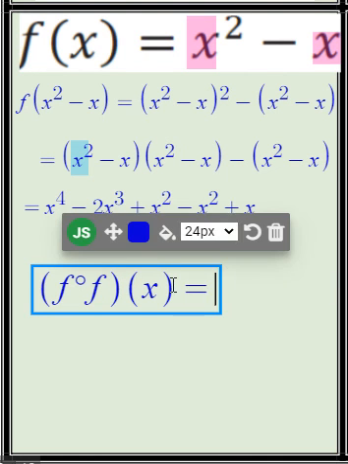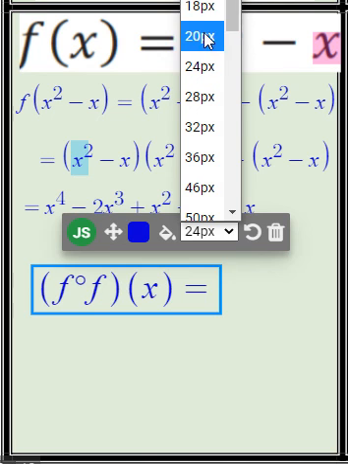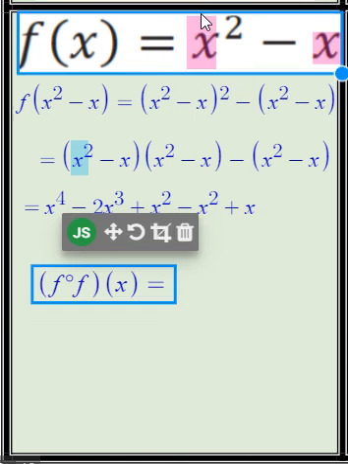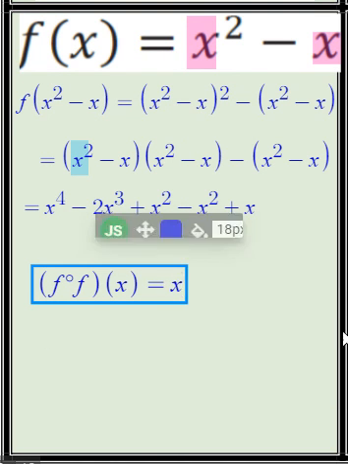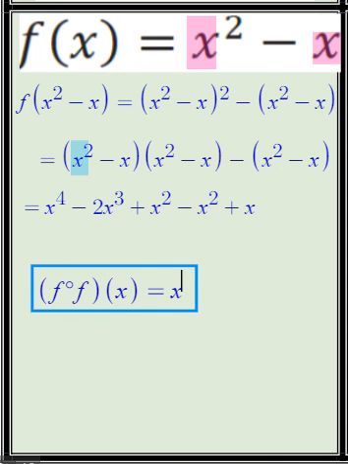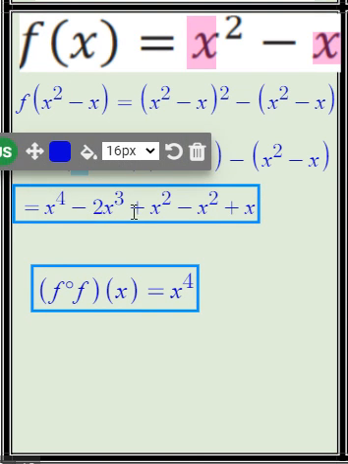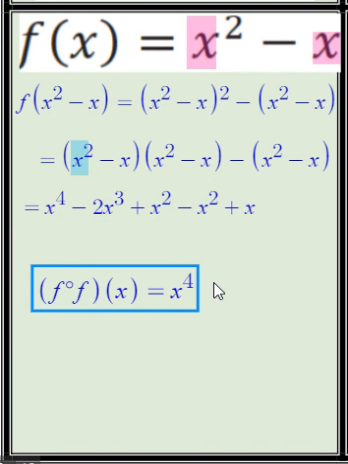Equals, and here we're just going to combine like terms. We've got our x to the fourth. Nothing to combine with that. But negative 2x to the third is alone as well.